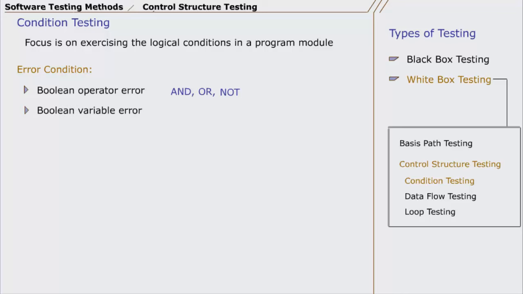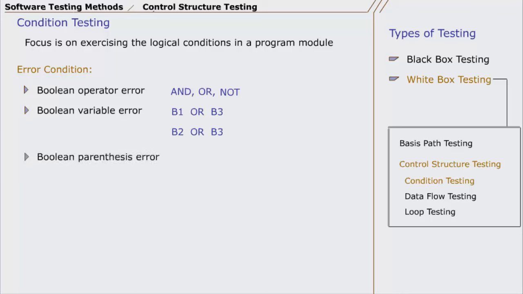Boolean variable error can be due to incorrect usage of any Boolean variable. For example, we want to write B1 or B3, but we write B2 or B3. Here, B2 is incorrect. The result would change due to wrong use of the Boolean variable.